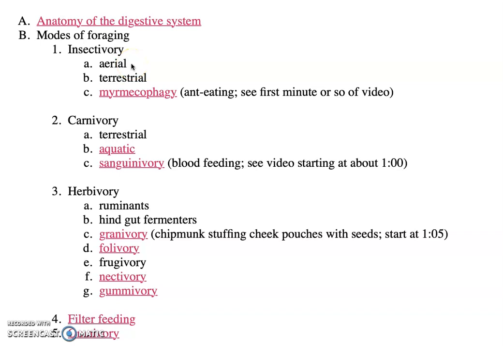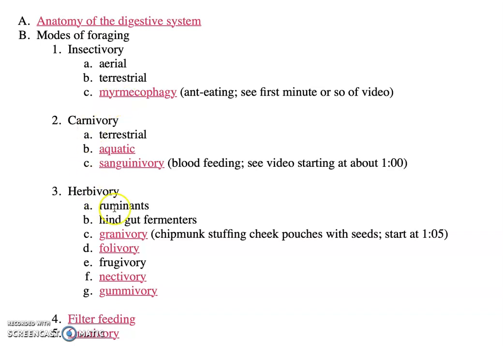One is aerial, so this refers to bats that fly around through the air and eat insects. We also have terrestrial insectivores, which are mammals that run around on the ground and eat insects in that environment. And then we have a very specialized form of insect eating called myrmecophagy, and that refers to ant eating or termite eating.